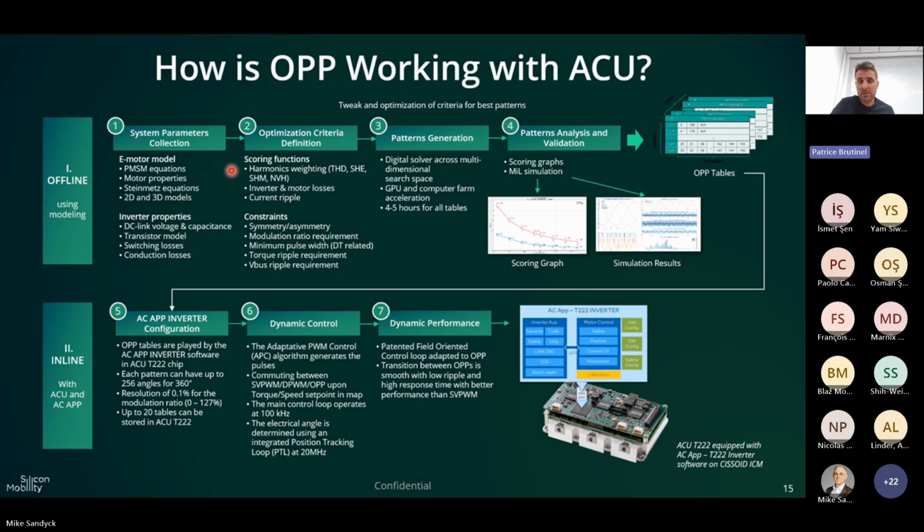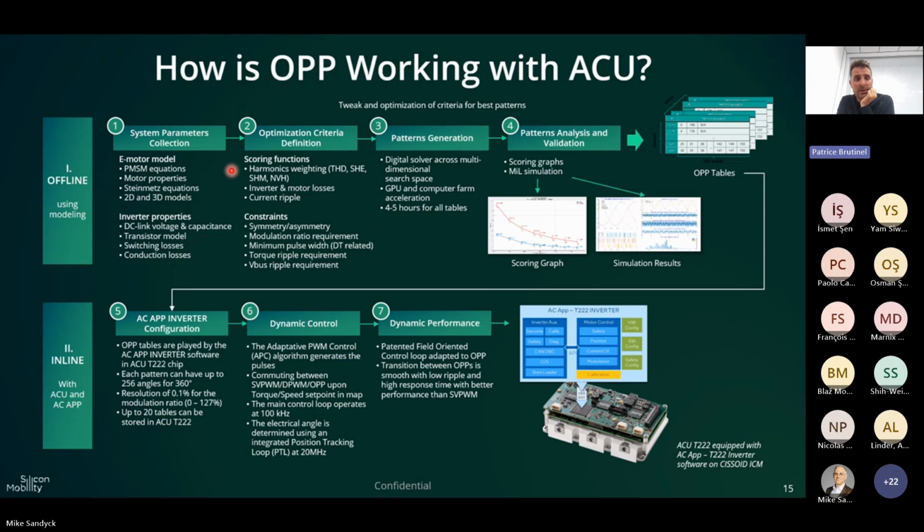We also put some constraints on the pattern generation, so that could be to generate symmetrical or asymmetrical patterns, to put some limit on the modulation ratio, to input the minimum pulse width that relates to the dead time insertion. We can also put some constraints on the torque ripple and the DC bus ripple.